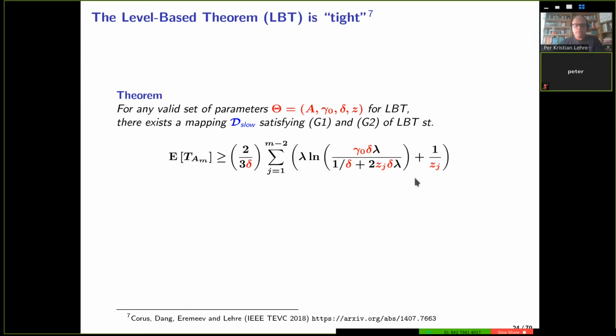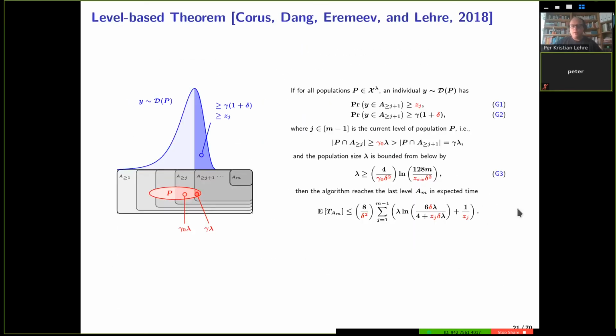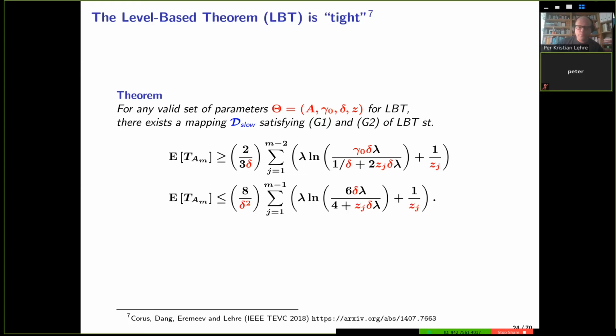So it means that for the parameters you obtain for your algorithm, there exists some other algorithm that has roughly the same runtime as this upper bound here. This means that this theorem is essentially almost tight. There are some differences.